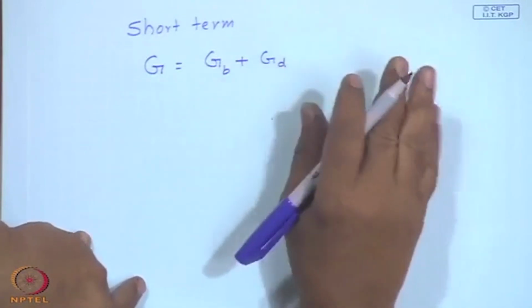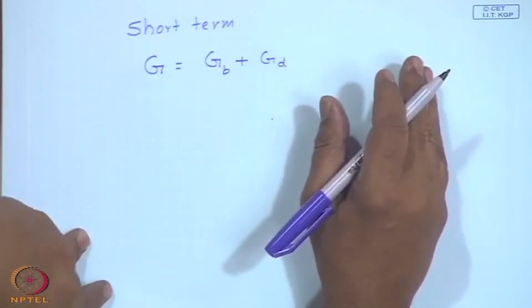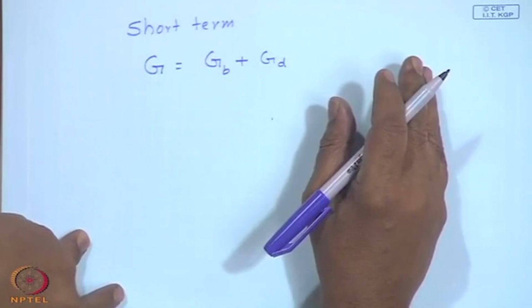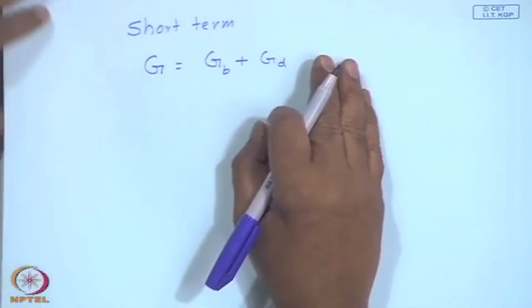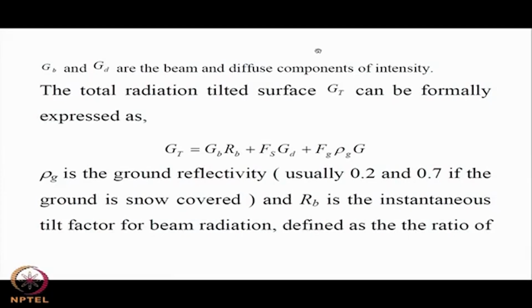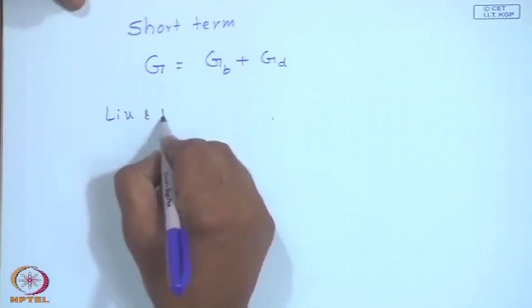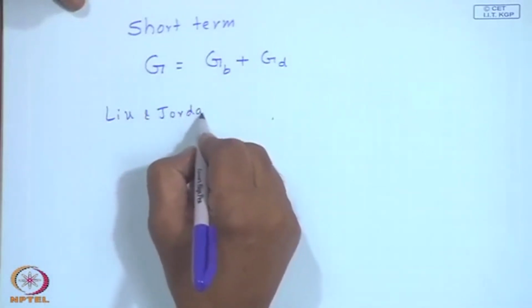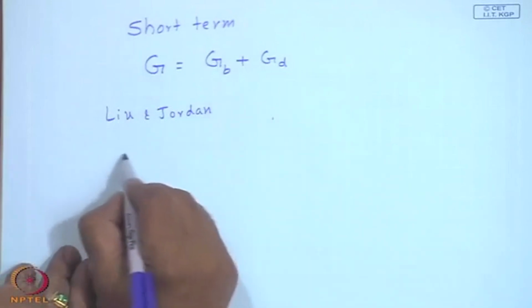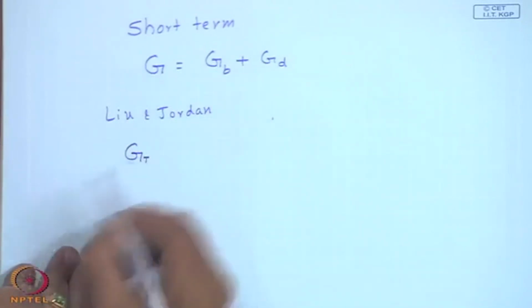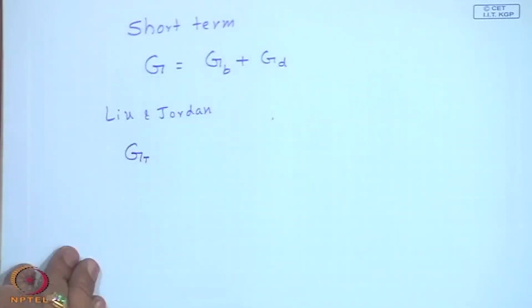Now, these may be divided by 3600 of the solar radiation for the hourly value, or let us assume that we know the intensity. First, if I know how to do it for an instant, then we will be able to find out for this. Number of developments by Liu and Jordan again. They classified that the radiation received by the tilted surface.